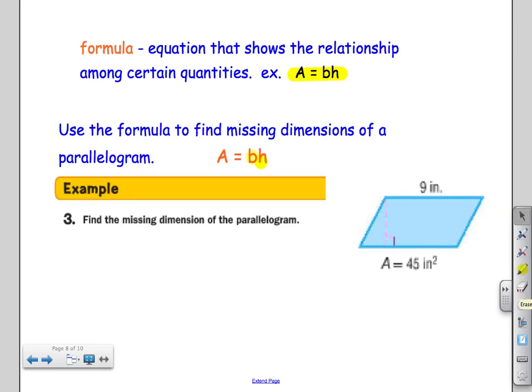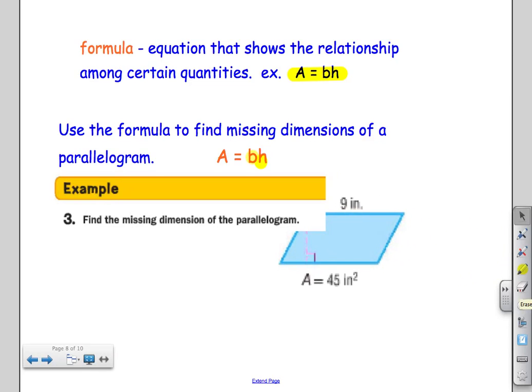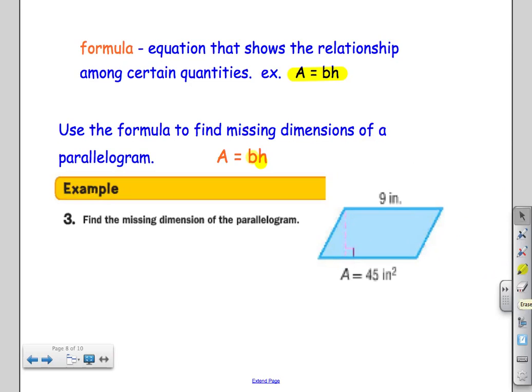Now, in this one, we know the area. We know a base. But what don't we know? We don't know the height. We don't know what h is. So we're going to use our formula to find this missing dimension.